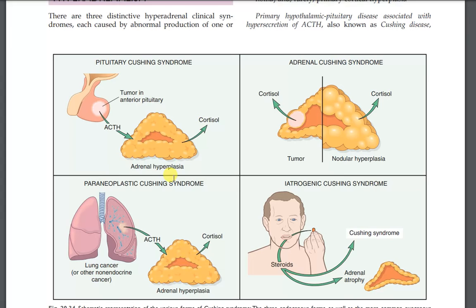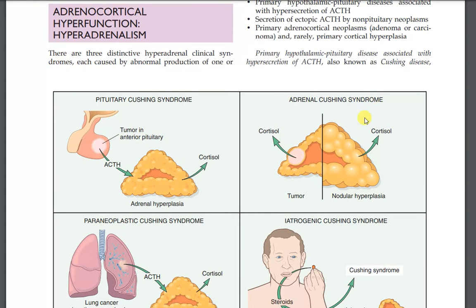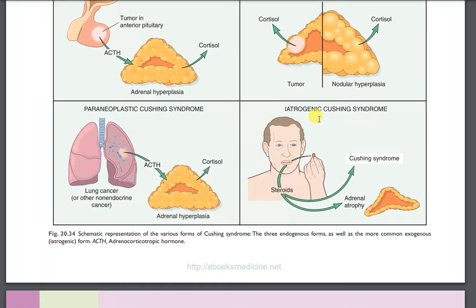So these are the most common cases. The third case is adrenal Cushing syndrome, when we have a cortisol-producing tumor or nodular hyperplasia of the adrenal cortex, which produces cortisol. And we have iatrogenic Cushing syndrome.